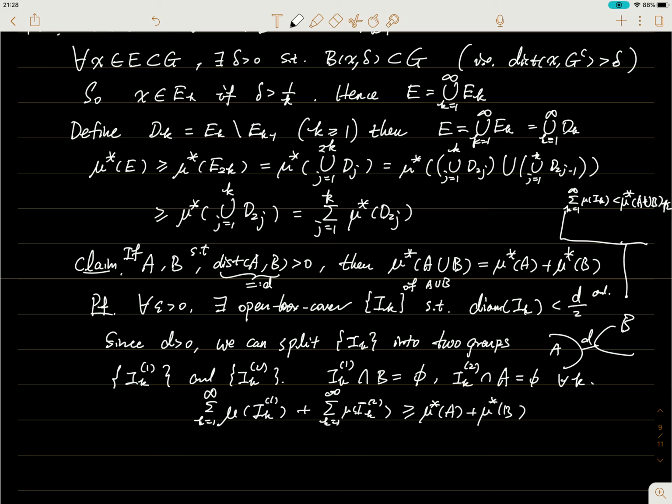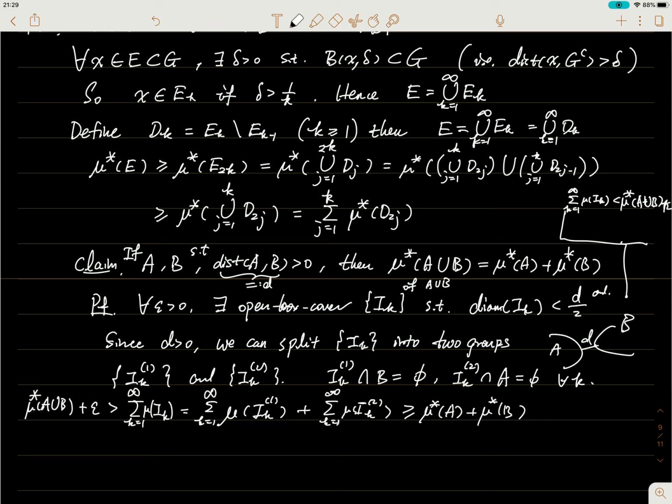Okay, so we chose this open box cover such that they are close to the true outer measure, which is the infimum of the volumes. Okay, so that means on the one hand it is greater than this, but on the other hand, this is also equal to the sum of the I_k from 1 to infinity, and this is less than the mu star of the union of A and B plus epsilon.